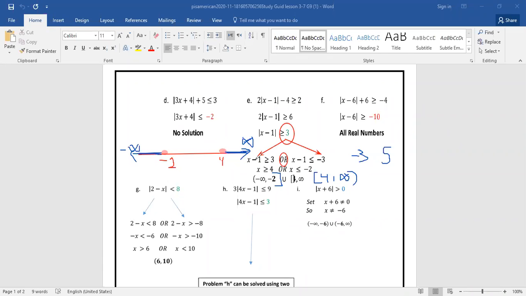If you substitute -3 in this part here, -3 minus 1 more than or equal 3, it will not be correct.